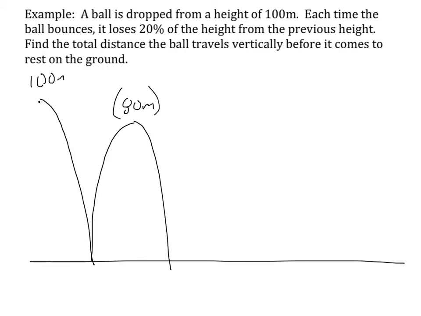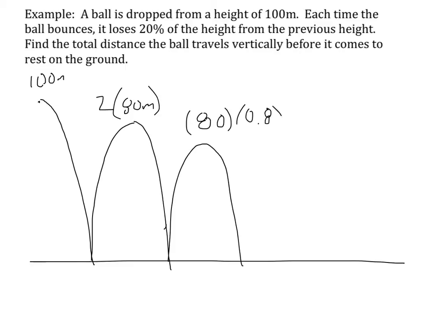So in some sense, that bounce will have represented 2 times 80. On the next one, we can see what's going to happen here. When it hits the ground, it's going to bounce back up. This time, it's only going to bounce back up 80% of the 80 meters that it fell the first time. So I'm going to have whatever 80 is times 0.8, and that will happen twice.